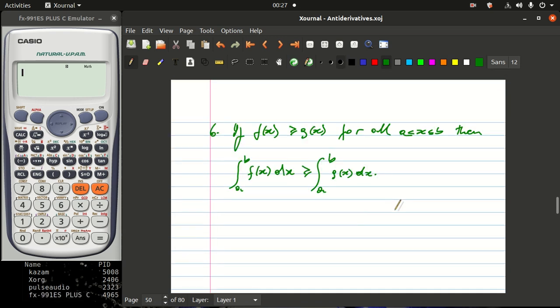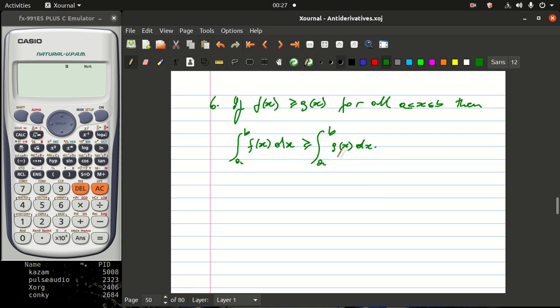It is kind of straightforward. There is no big deal about this, because this function is always bigger, so it has to produce a bigger net area. That is what is important there.